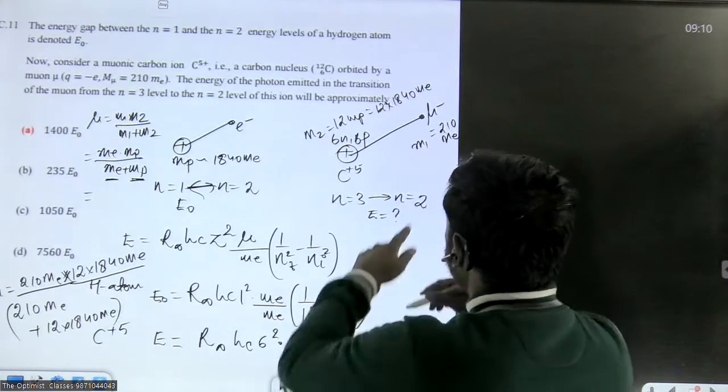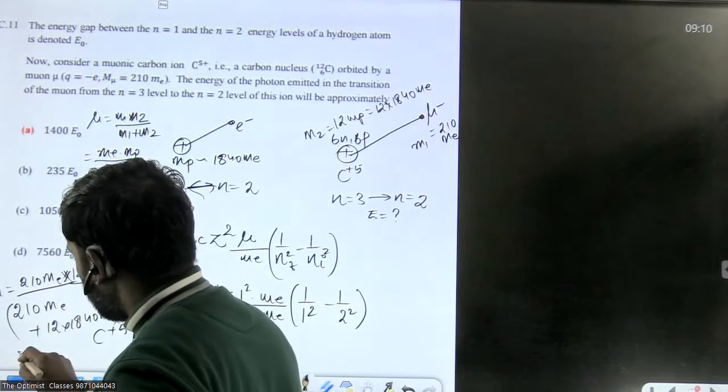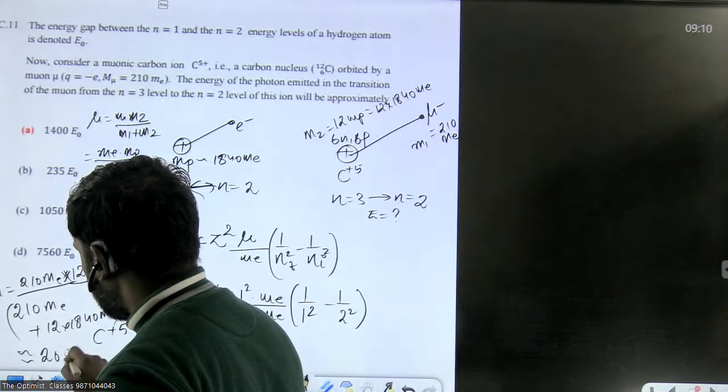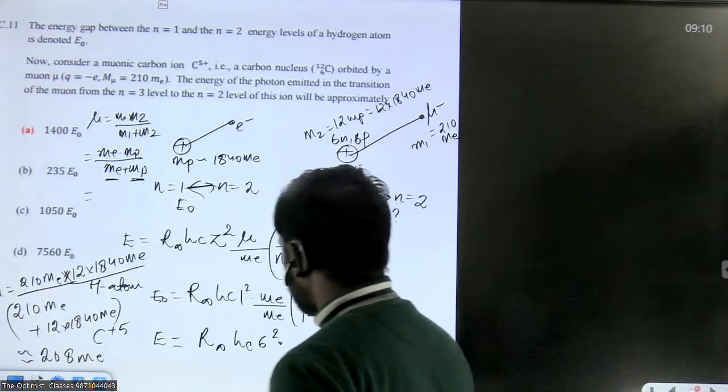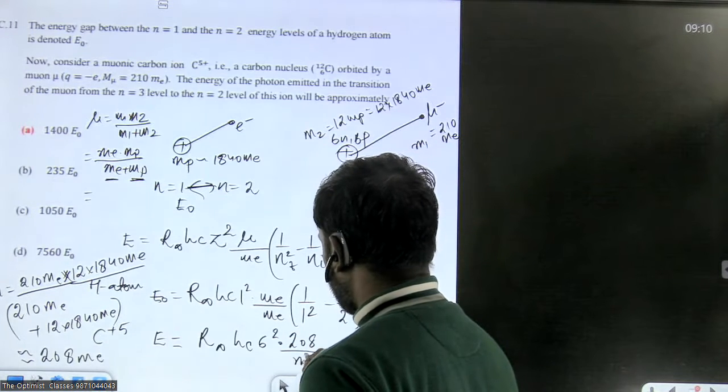When you calculate it, it comes out to be approximately 208 times mass of electron. So we put here 208 times mass of electron, divided by mass of electron.